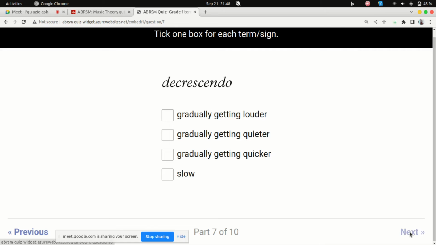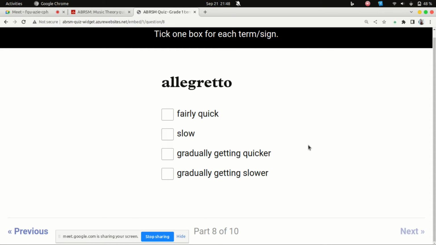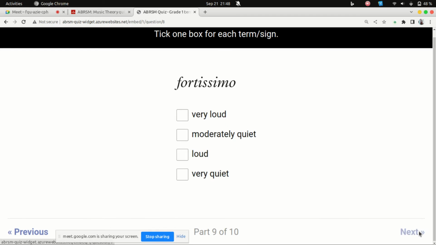Gradually getting, where is it? Oh, gradually getting quieter. Sorry, I don't have my glasses. Allegretto. Slow. Allegretto slow, okay.